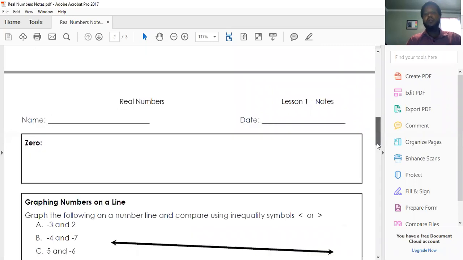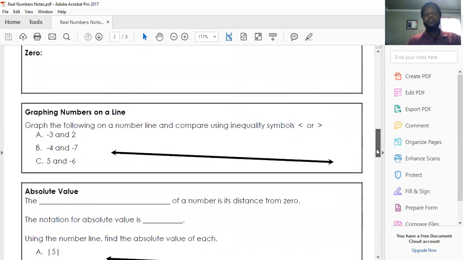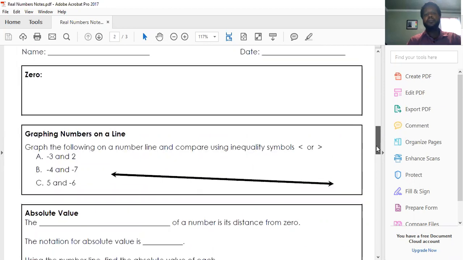So let's talk about 0. And what's going on here with 0? So 0, right, what does 0 mean? Well, 0 means you have no value, right?